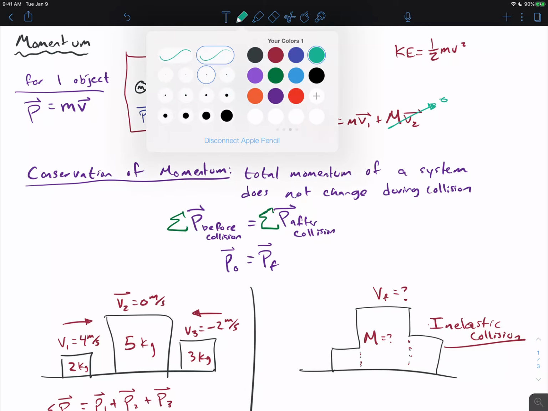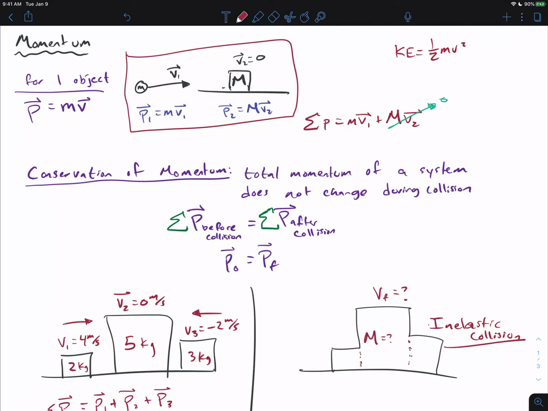Okay, moving on. This term is going to be really important because we need to be able to add up all of our momentum values so that we can exploit conservation of momentum.